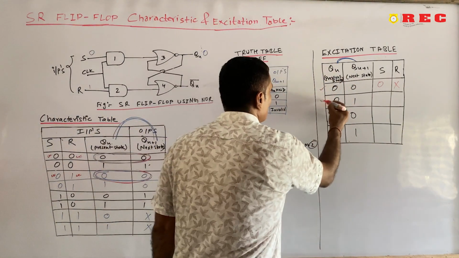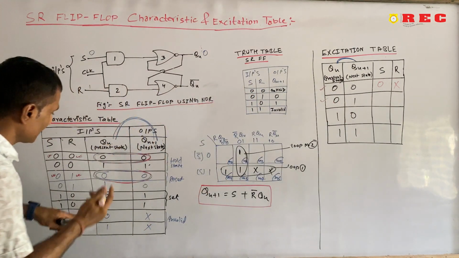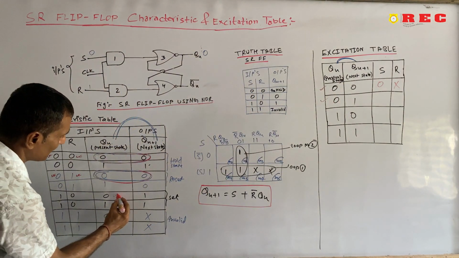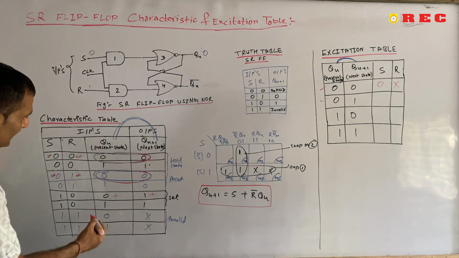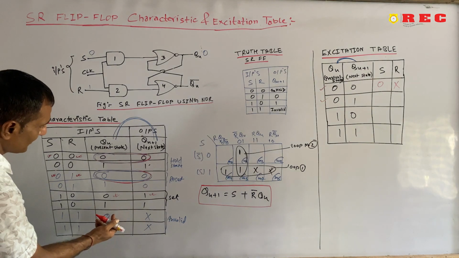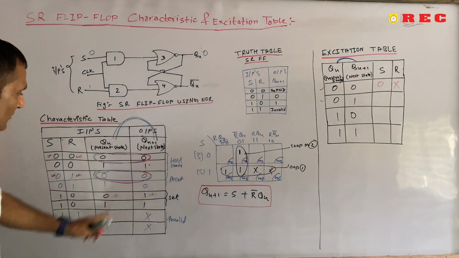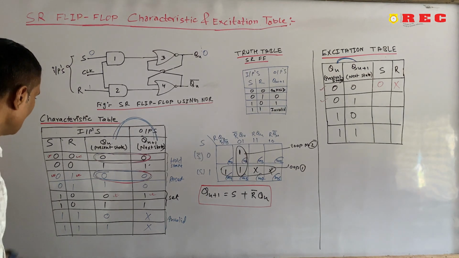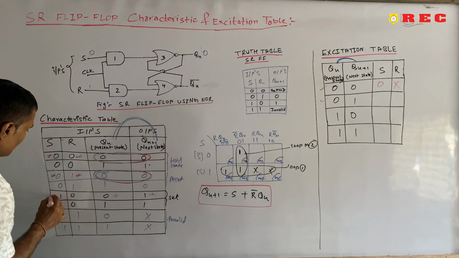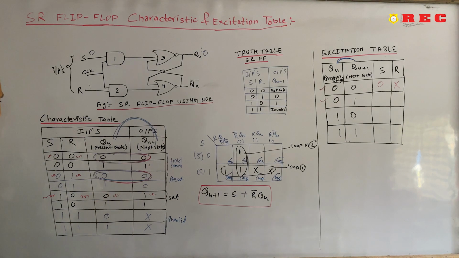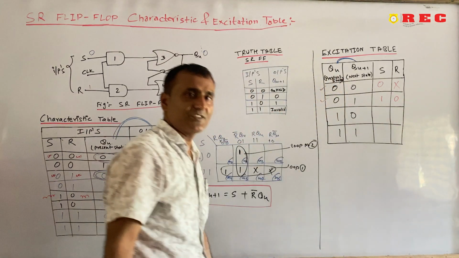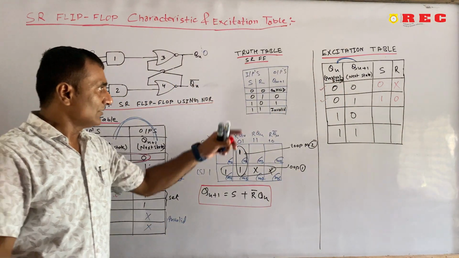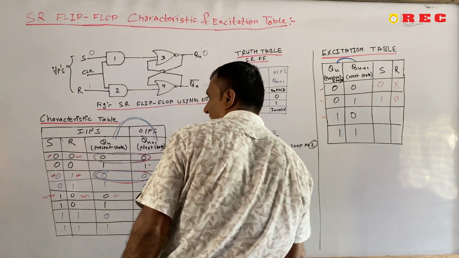Now for 0 and 1, see in this table where there is 0 and 1: here Qn is 0 and Qn plus 1 is 1. Again you will see no one else is there, only this much. So corresponding to this, there is 1 and here is 0. So we should write here 1 and 0. It is very simple. Now the third one, 1 and 0.